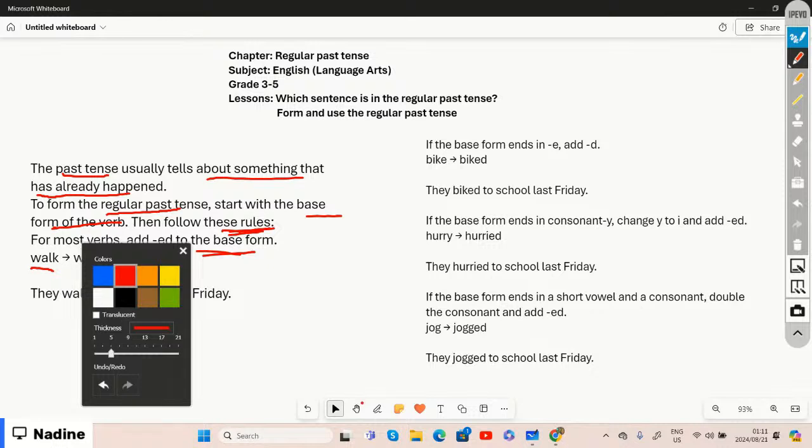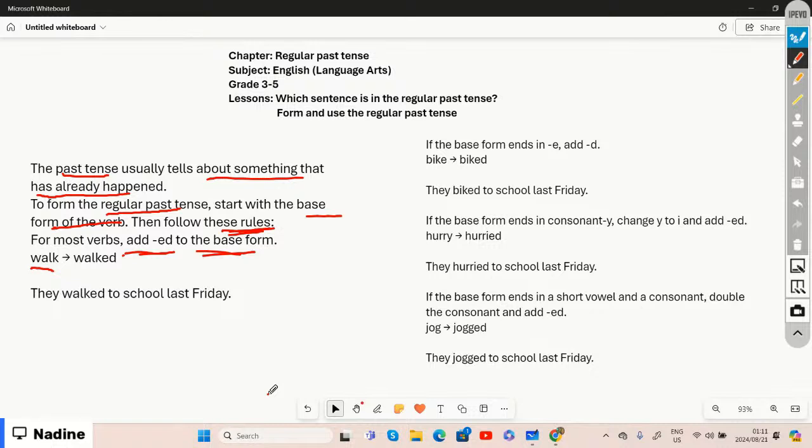All right. So walk in the past, we can say I walked. So walk is now, and in the past, it is walked.